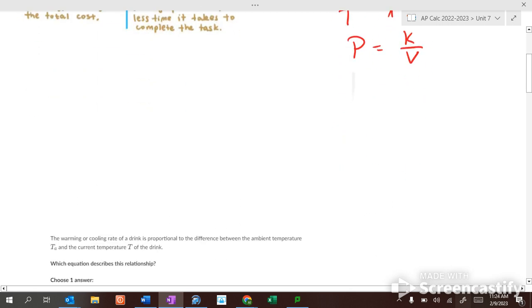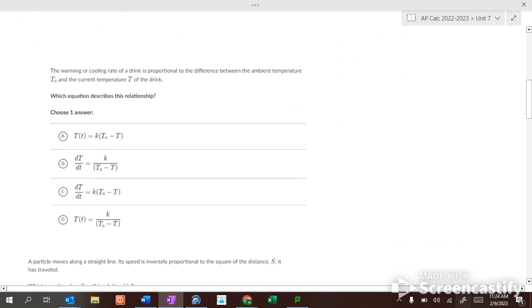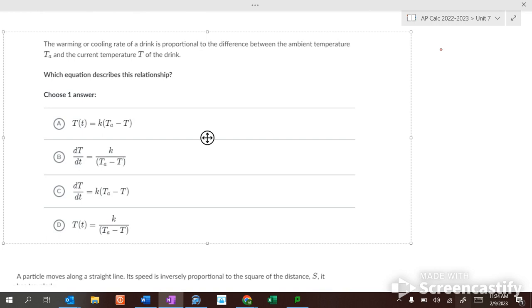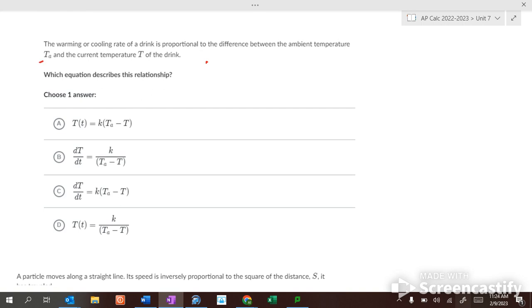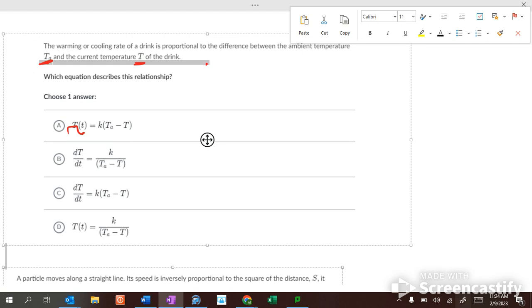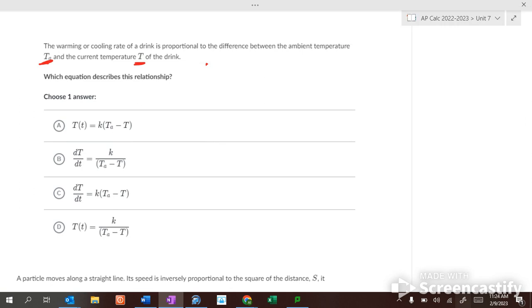So how does that relate to what we're doing? Well, when you're working with differential equations, you're looking at how things are increasing and decreasing. The warming or cooling rate of a drink is proportional to the difference between the ambient temperature, T sub A, and the current drink temperature, T, of the drink. If we're doing this with differential equations, it's not the temperature at that time, it's the change of the temperature, dT over dt, change of temperature over time.